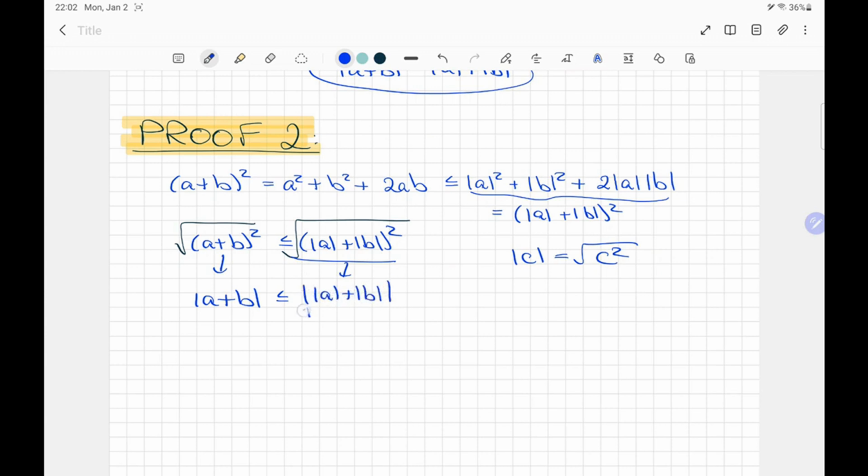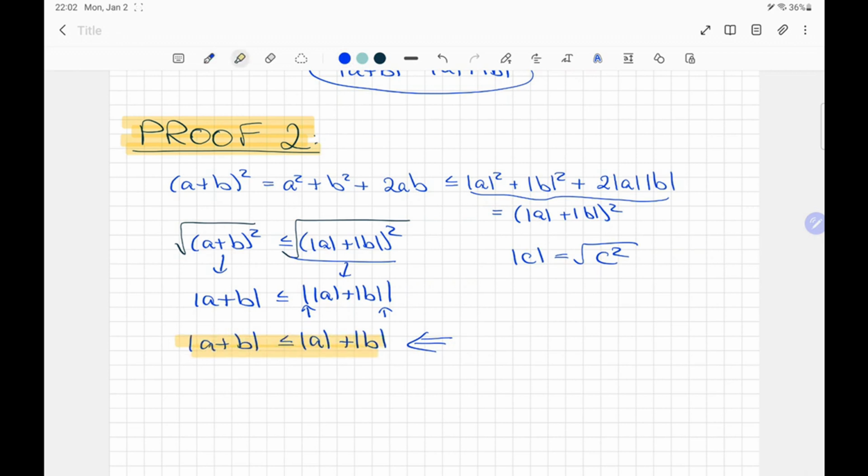Now, this outer absolute value is actually redundant, right? Because the absolute value of the sum of two positive numbers is just going to be the sum of those two positive numbers, which means that a plus b absolute value is less than or equal to absolute value of a plus the absolute value of b, which is, in fact, our triangle inequality that we were trying to prove.